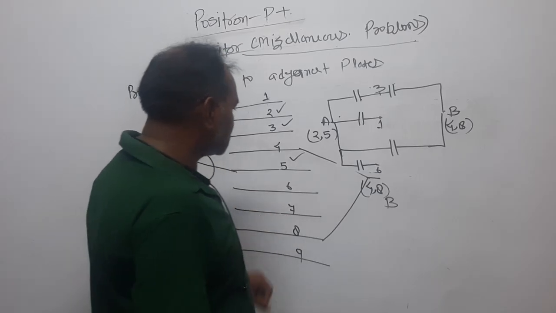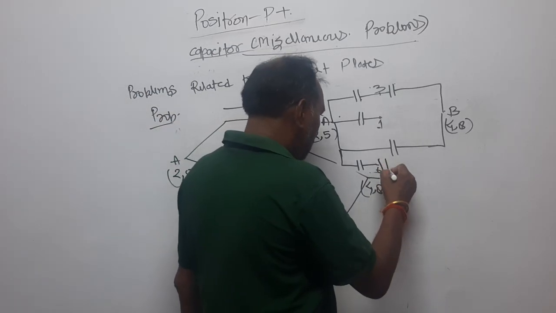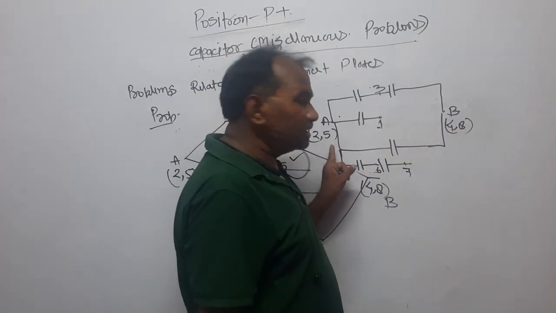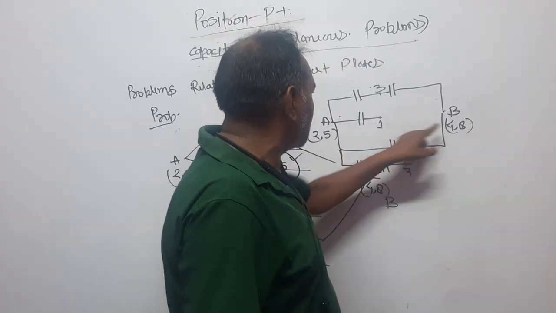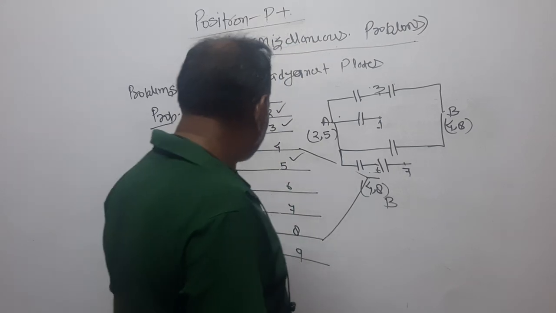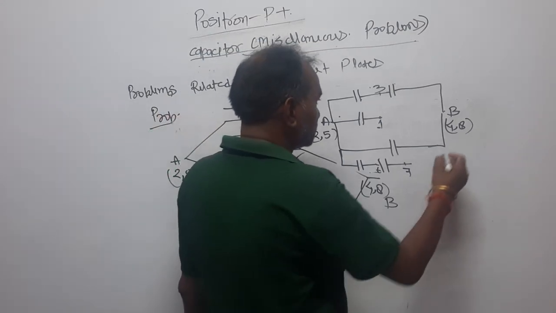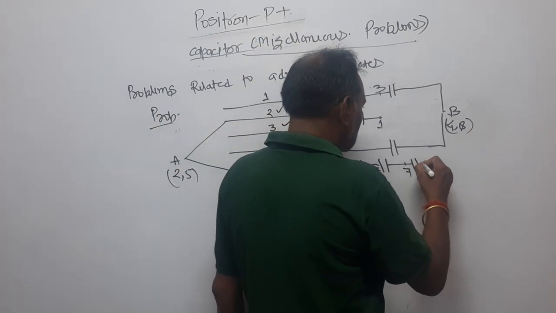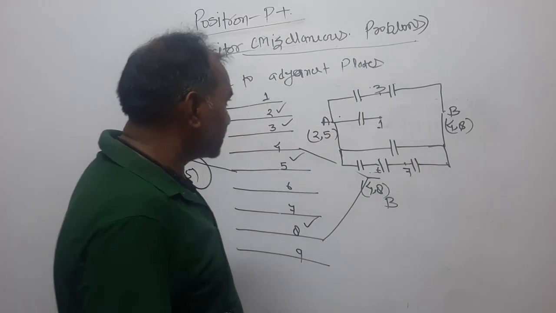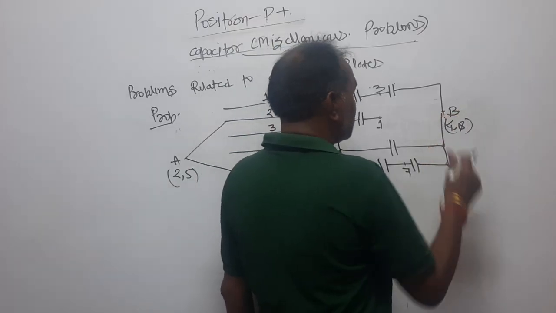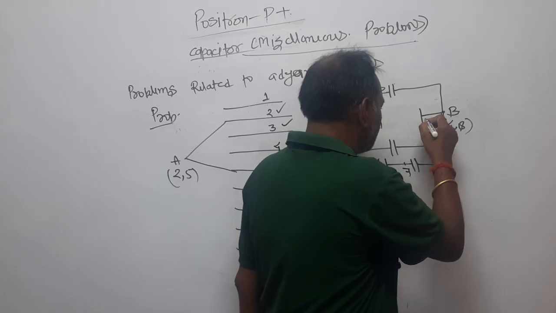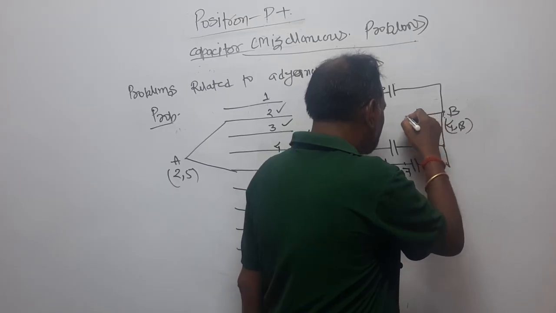Between 6 and 7, I mark 7 here, because neither 6 nor 7 is connected to A or B. So it is between 5 and 6, between 6 and 7, between 7 and 8. Now 8 is marked here. Now between 8 and 9, 8 is marked here, but 9 is not marked. So this is plate number 8 and let this be 9.